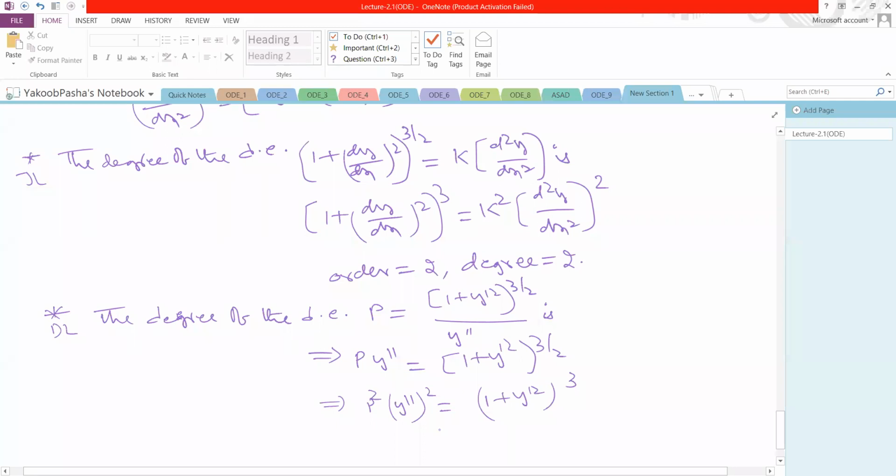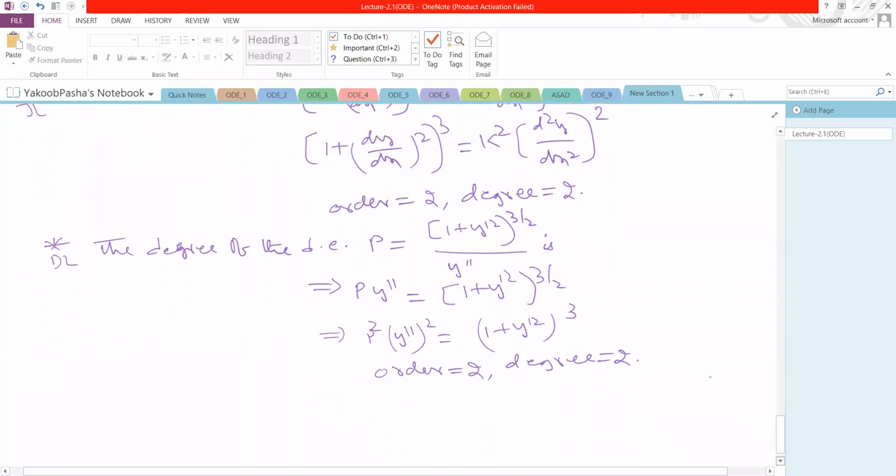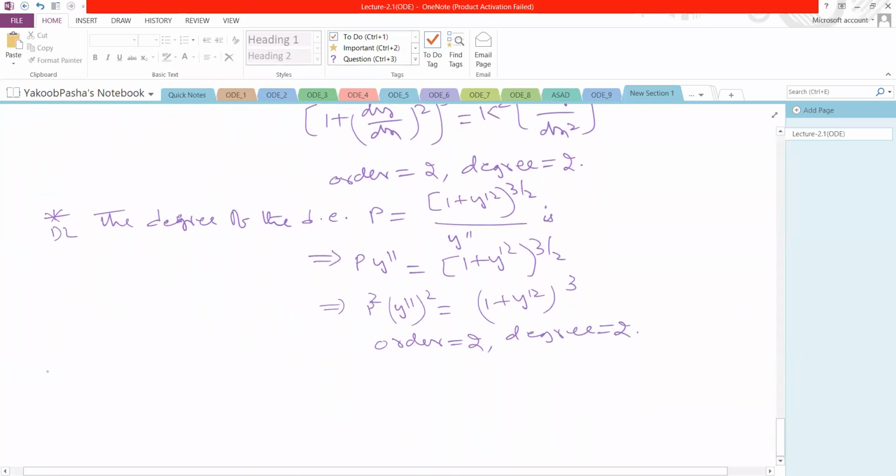So the maximum derivative is 2, that is order is equal to 2, and the maximum derivative power is 2, that is degree is equal to 2. This is the DL question and that was the JL question. And I am taking another question from Polytechnic Lecturers, PL.